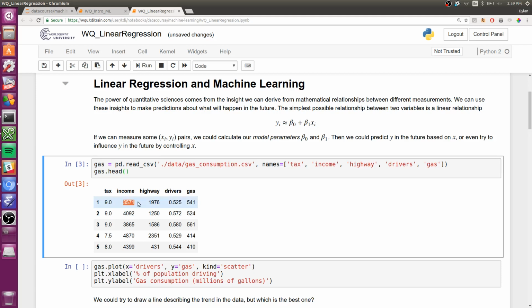There's a different average income there, different amount of kilometers of highway, the average number of drivers there are per person in the area, and the gas consumption in perhaps like a month or a year in that area. I don't remember what the units of these things are, but we could imagine wanting to predict how much gas would be consumed in a given region based on these factors.